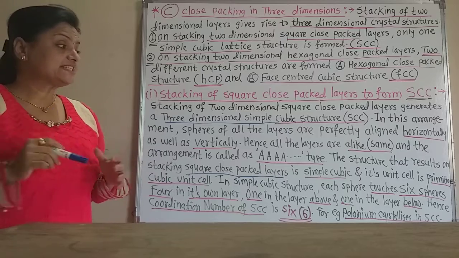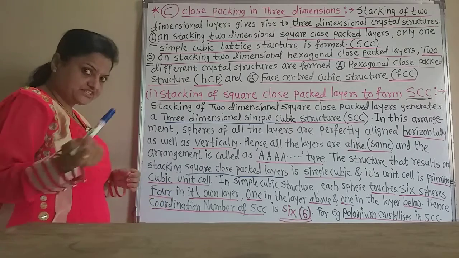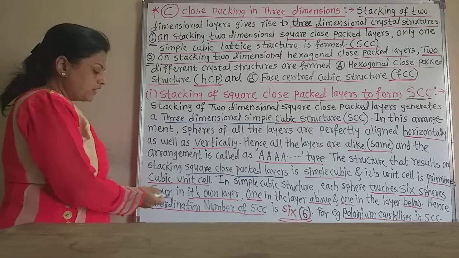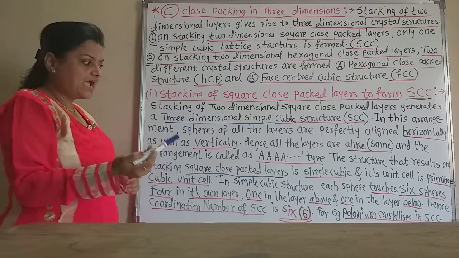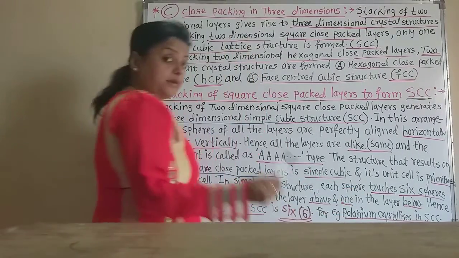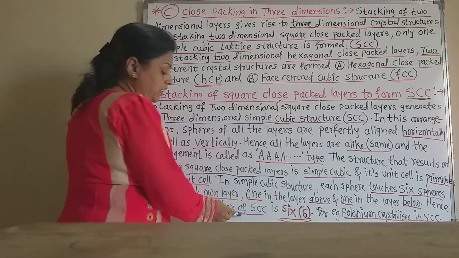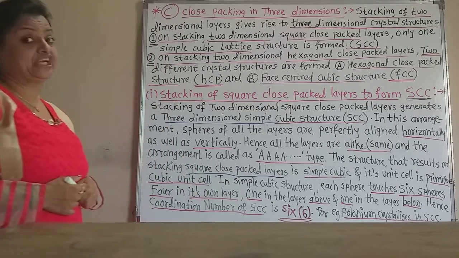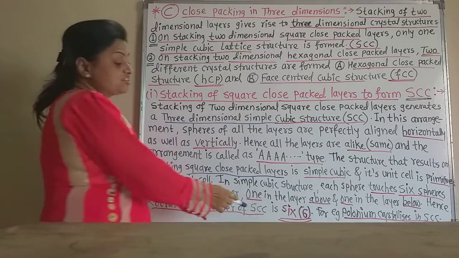So 6 neighboring spheres touch the given sphere: 4 in its own layer, 1 in the layer above and 1 in the layer below. Hence, the coordination number of simple cubic crystal is 6.